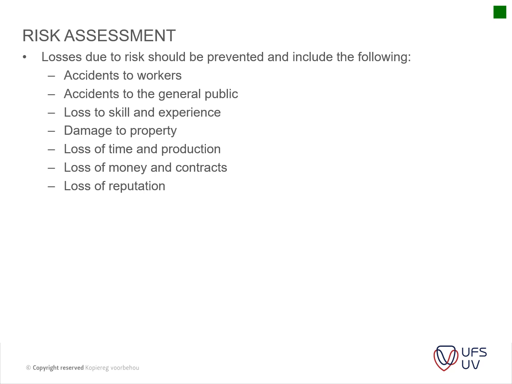Okay, then going to the risk assessments. There are certain items that you need to look at. Losses due to risk should be prevented and include the following: accidents to workers, accidents to the general public, loss of skill and experience, damage to property, loss of time and production, loss of money and contracts, and loss of your reputation, and thus future business.